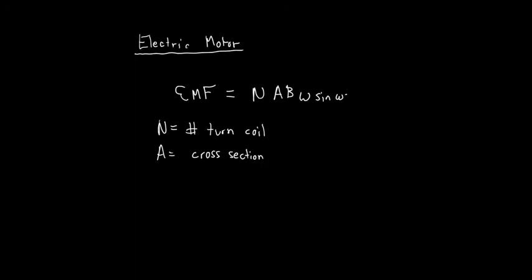So usually it's a loop of wire, so that would be the area of a circle in many situations. B is how strong the magnetic field is that you're rotating this coil inside of. And omega is the rotational velocity, so how fast you're spinning this coil inside of this motor.